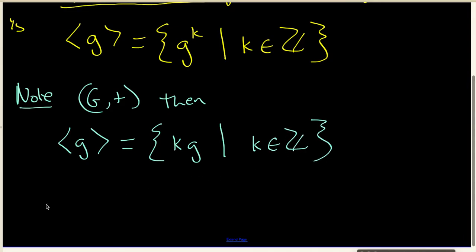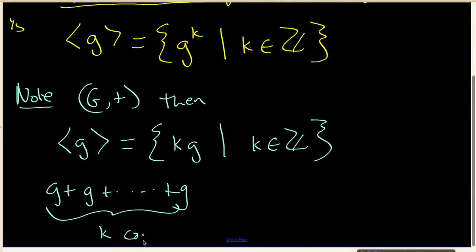The reason is that in an additive group, we are looking at repeated addition, and we write k copies of g as k times g. So these two demonstrations are exactly the same idea.